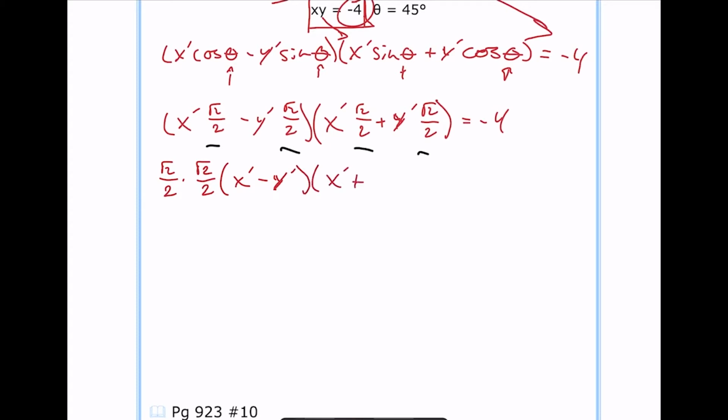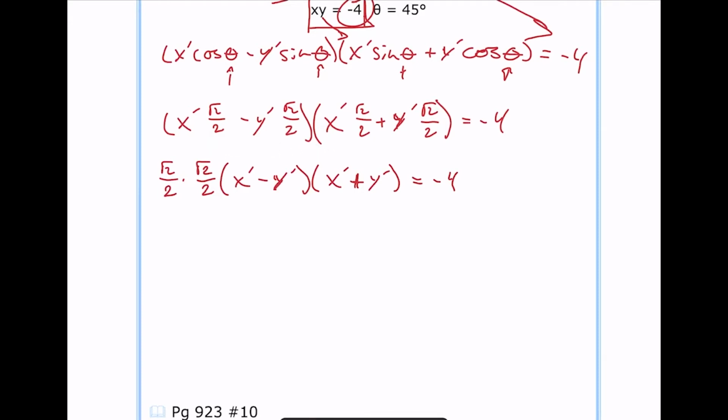Here are my leftovers from my first set of parentheses. Here are the leftovers from my second set of parentheses. The √2/2 that I took out of this set of parentheses is here. The √2/2 that I factored out of the second set of parentheses is here. Don't know why it doesn't want to erase these, but I can do that manually. There we go.